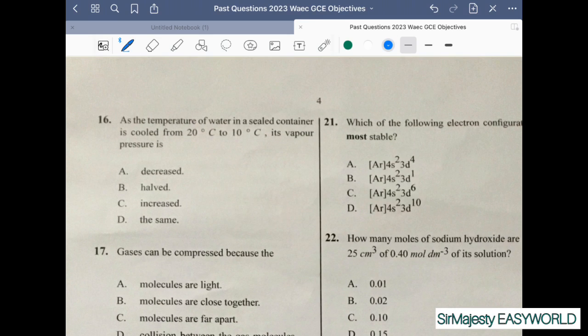So question 16 says, as the temperature of water in a sealed container is cooled from 20 degrees to 10 degrees, vapor pressure is... Vapor pressure is just the pressure exerted by the gaseous part of the water. Now that's the vapor. Let's illustrate this.